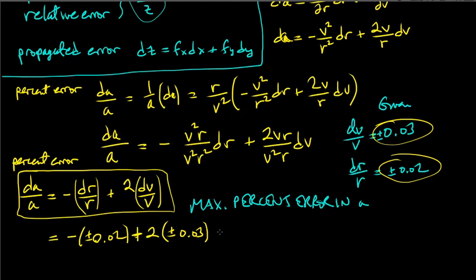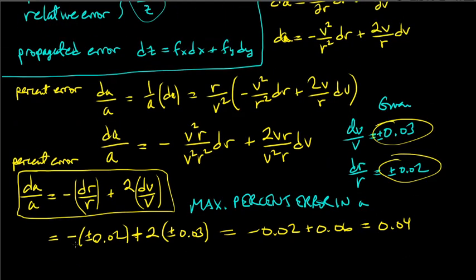So when do we get the maximum percent error? If they're both pluses, you get negative 0.02 plus 0.06, which is 0.04. But that's not the maximum percent error.